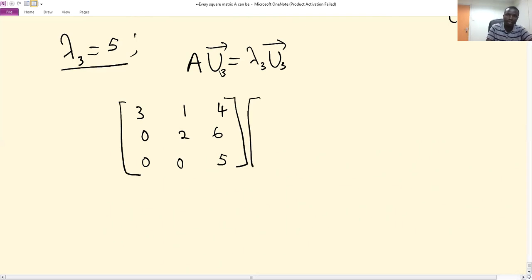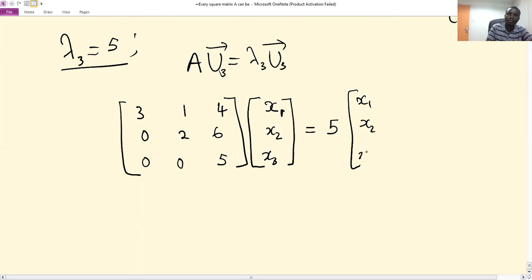We multiply by vector u3, which you can write as x1, x2, x3, equals 5 times x1, x2, x3.